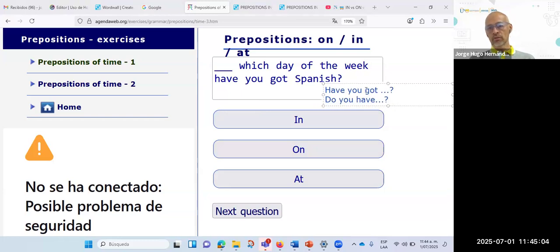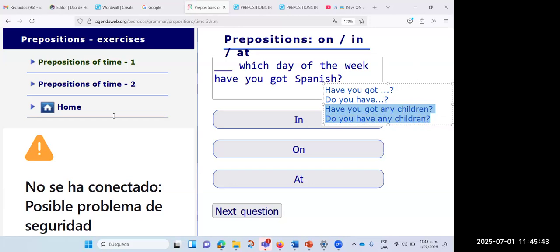For example, I can ask you, have you got any children? Or do you have any children? Both of them are correct. Look at the difference in the structure, but the same meaning.